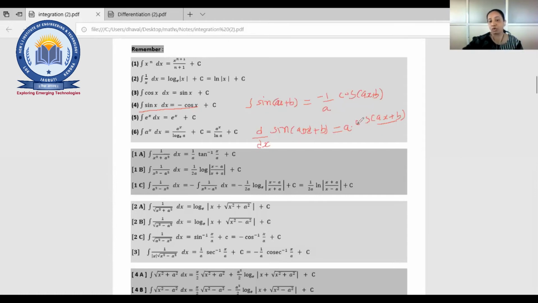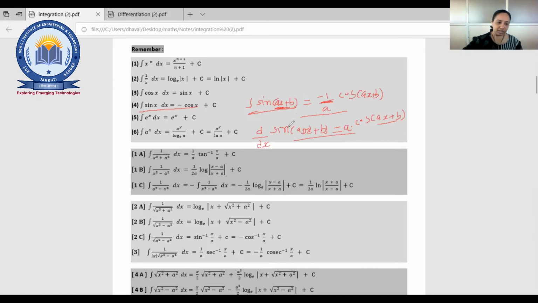So the reverse, in integration, of sine ax plus b is minus cos ax plus b, and then you have to do 1 upon a. Here in differentiation it is in multiplication, here it is in the denominator. So that is the difference.